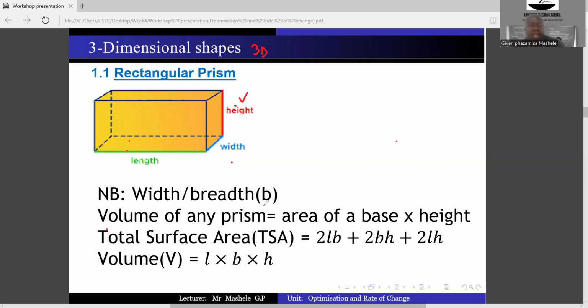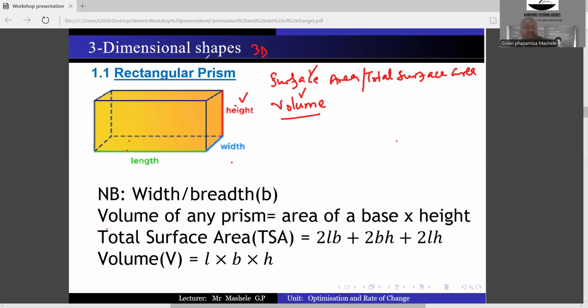Objects that are 3-dimensional must be able to have their surface areas determined, which we also call the total surface area. Then again, we also have to be able to determine the volume of those objects.